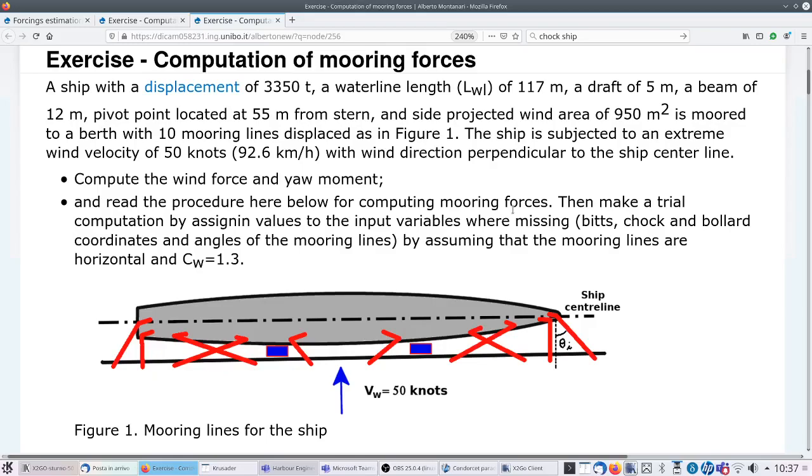If you just assume that they are horizontal, you simplify the problem a lot, and the assumption can easily be removed. So let's assume that they are horizontal, and let's assume that CW is 1.3. We already studied it. There is a first part which is easy. The first question: compute the wind force and yaw moment. This is easy.